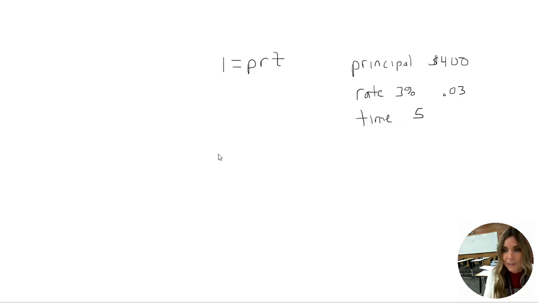Okay, so the way that this works, in order to calculate the I, which is the interest earned, which is what we want to know, we take the principal, which is 400. We're going to multiply that by the rate, which is 0.03, and then we multiply that by time. And when we do that, we get I is equal to 60.